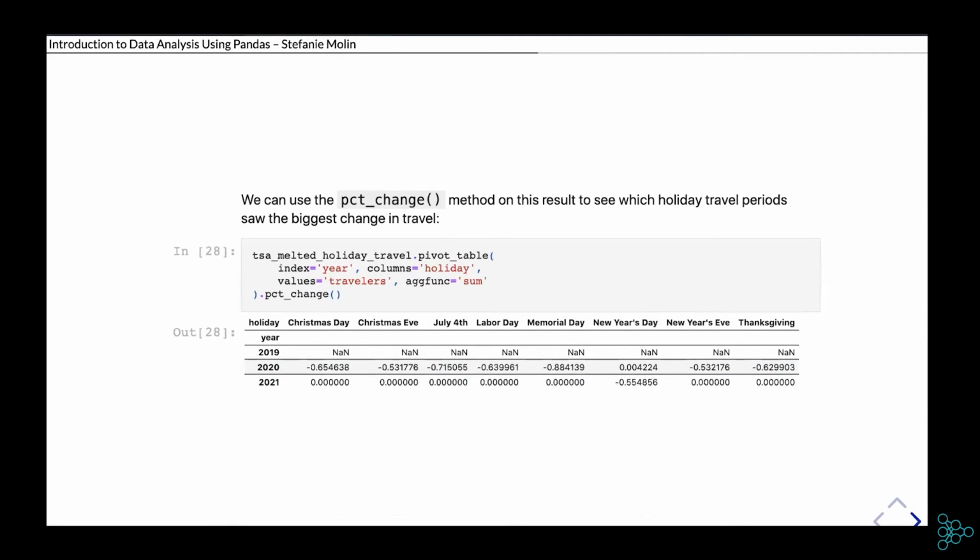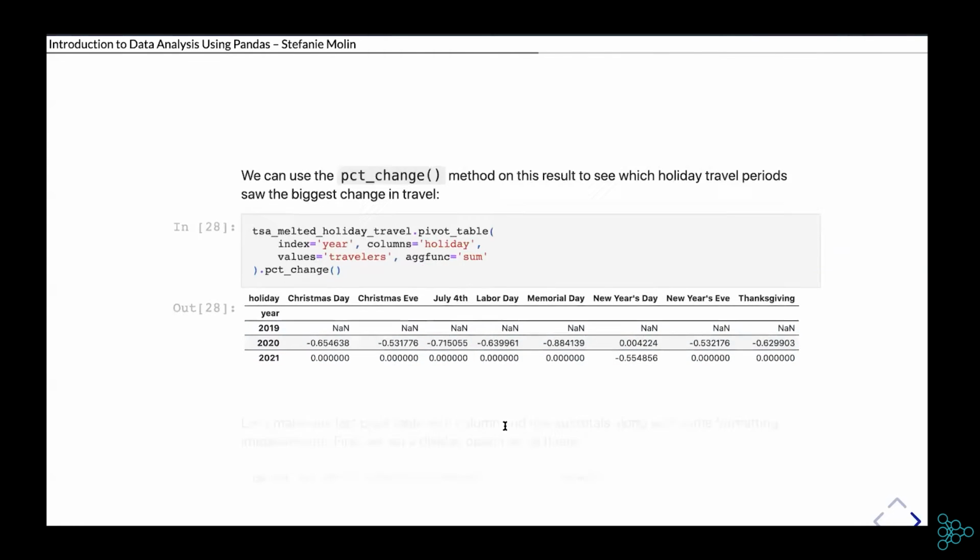We can also use the pct_change method on the result that we just got to get an idea of the percent change. Simply tacking on pct_change at the end does a row by row percent change. So we see that from 2019 to 2020, there was a 65% drop in Christmas Day travel. We all know why, but it's a quick, easy way to calculate these statistics.